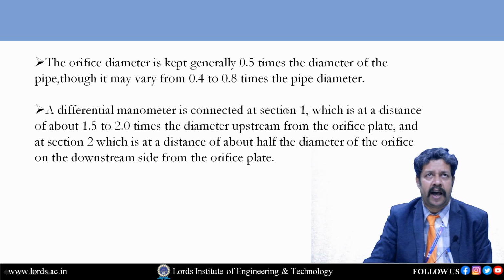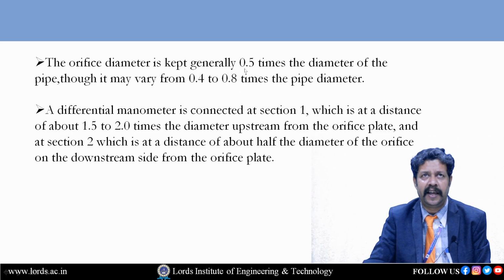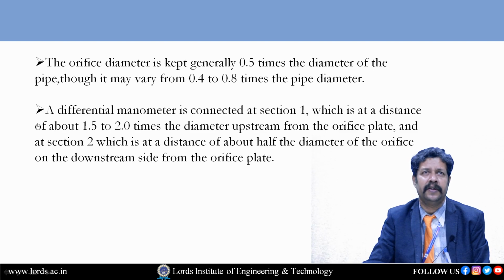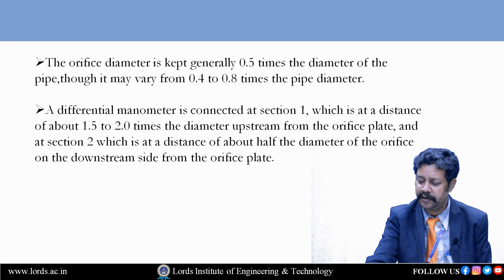The orifice diameter is generally kept 0.5 times the diameter of the pipe. Normally it varies between 0.4 to 0.8, but normally we provide 0.5 times. And a differential manometer is connected at two different sections to measure the pressure difference between these points.